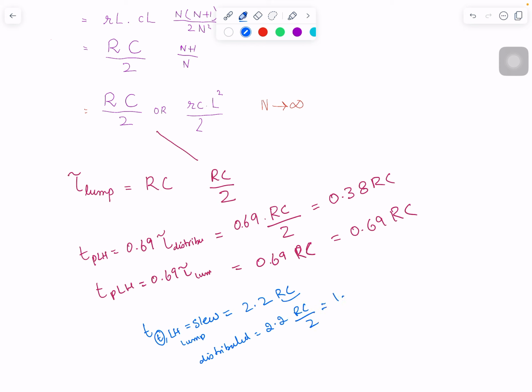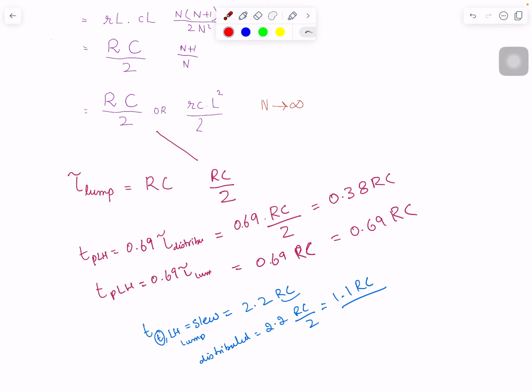So the slew also becomes less. It's not that the actual delay is reduced; we use a better model, and that way our delay is less. So it's the same circuit, just the modeling can add a lot of pessimism in it.